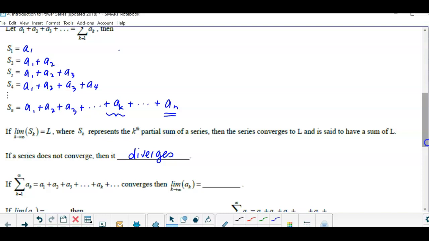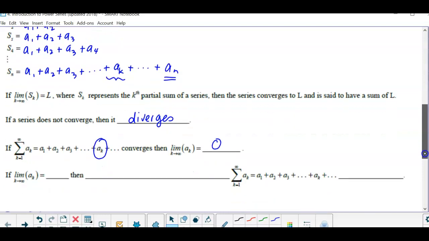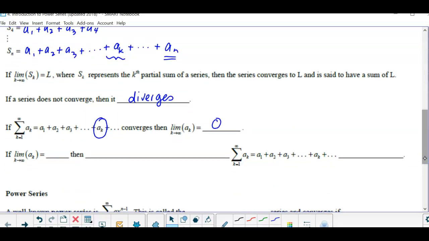So if the series represented here converges, as I just said, the limit of that last term, okay? So if k is going to infinity, that limit of the last term has to equal 0 if that series converges, okay?